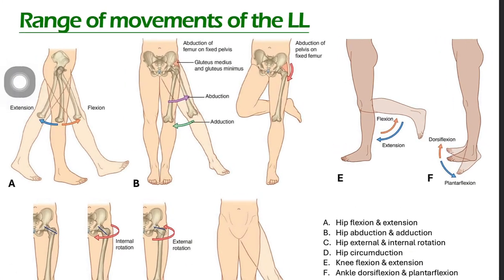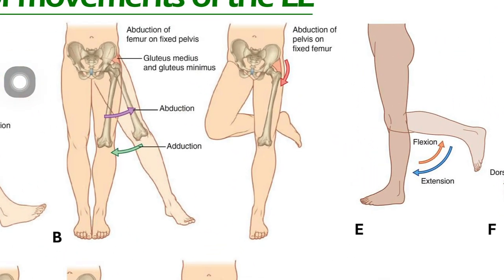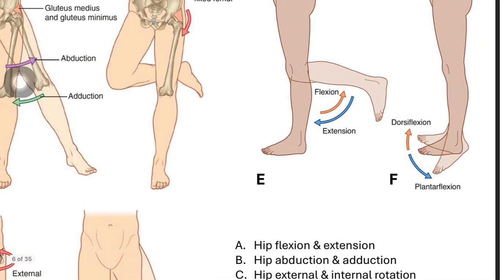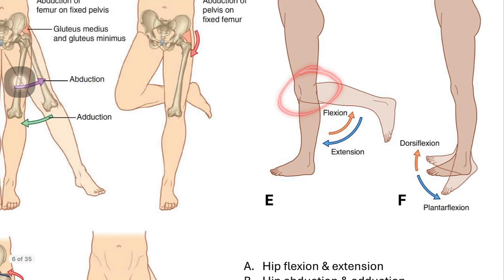And the same, if we stand on one limb on the ground and then exercise the muscles, we can also have abduction of the pelvis on the fixed femur as well, okay? And then also at the knee joint, we have extension, and then flexion.